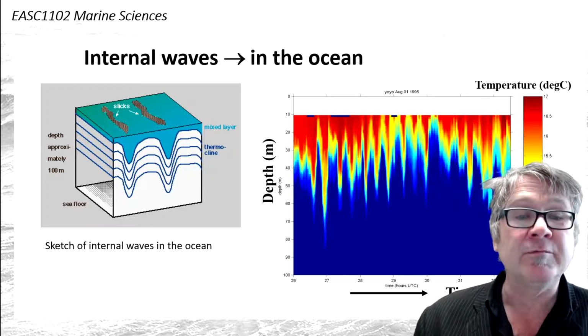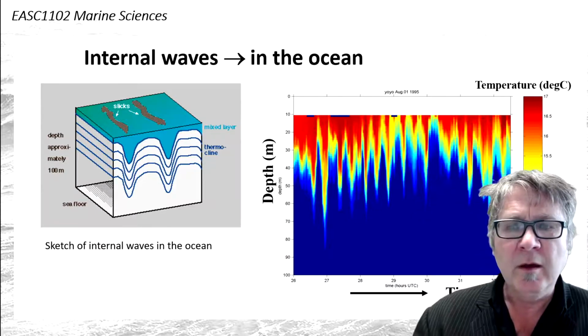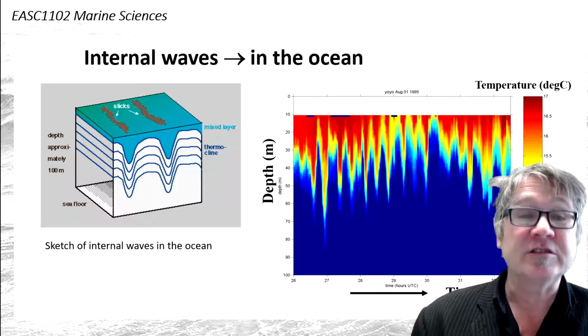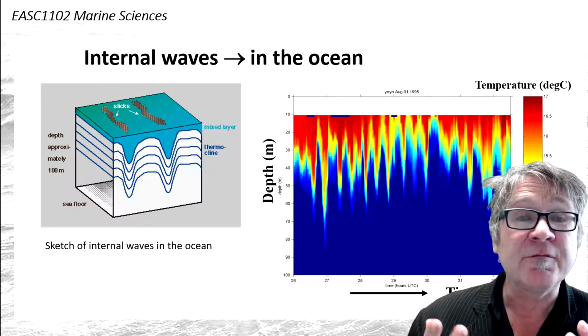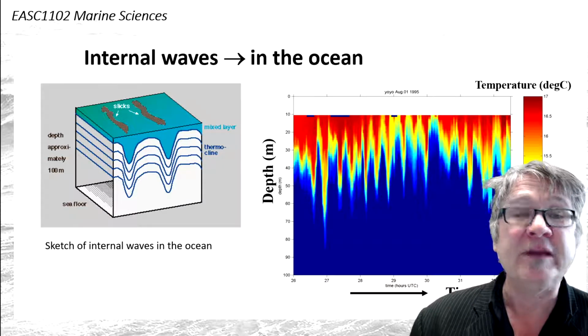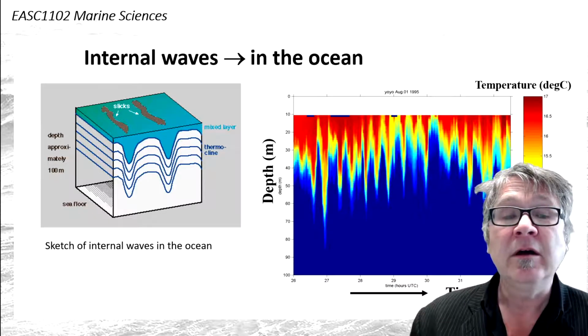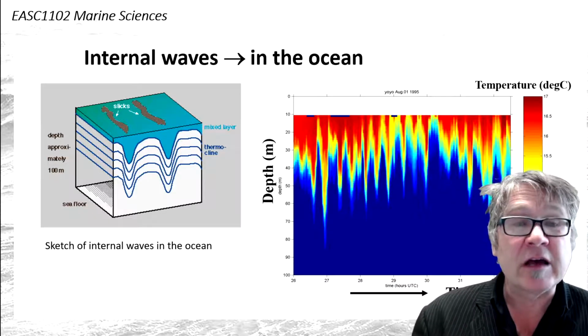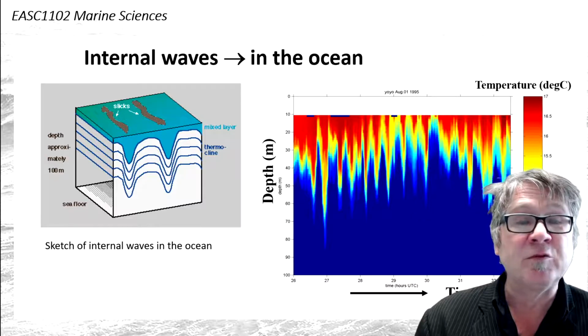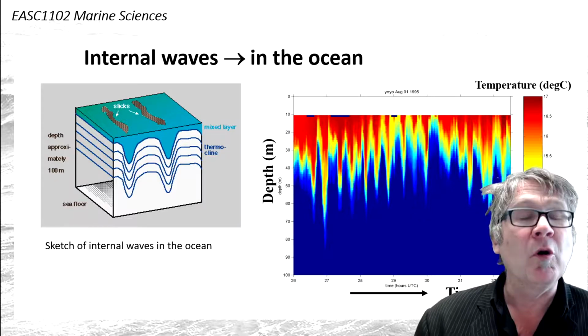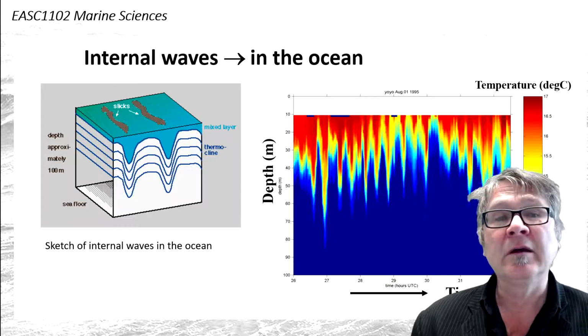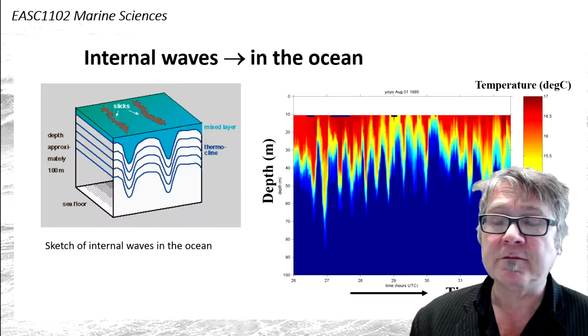That gives you a 20-minute period. The phase speed is much slower because the period is longer. And the period is much longer because the density difference between both layers is much smaller than that between seawater and the air above it.